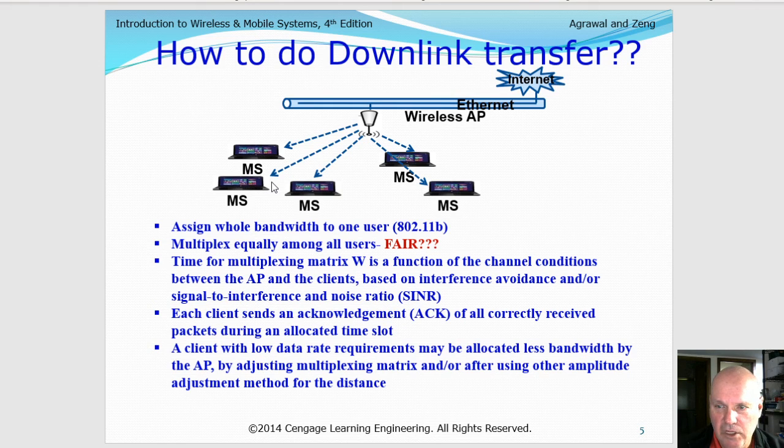Every client that receives a packet from the access point has to acknowledge it. There's an acknowledgement period set aside after each downlink packet transmission for the mobile system to acknowledge packet reception. Again, a client with low data rate requirements will be allocated less bandwidth by the access point by adjusting the multiplexing matrix.